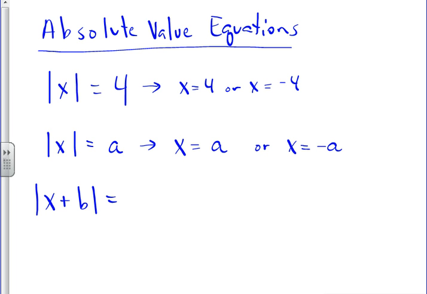When you have something with the absolute value, you don't subtract away that something until you write your two equations, because it's an equation property to subtract b from both sides. So you're going to write x plus b equals a, or x plus b equals negative a. And you solve those two equations and you come up with your two answers to this absolute value equation.